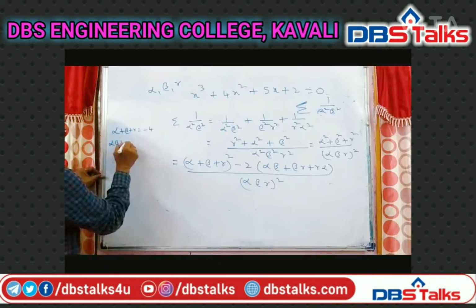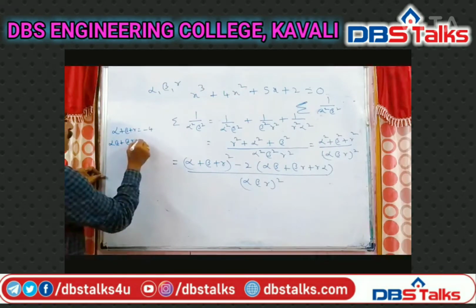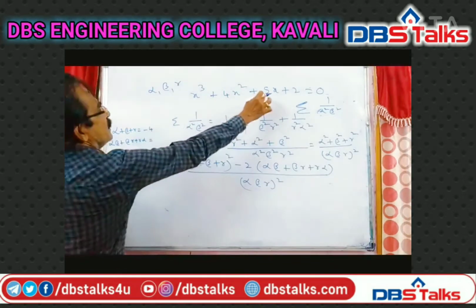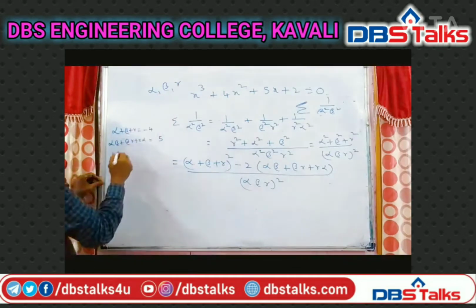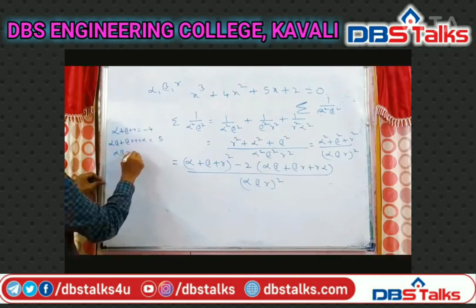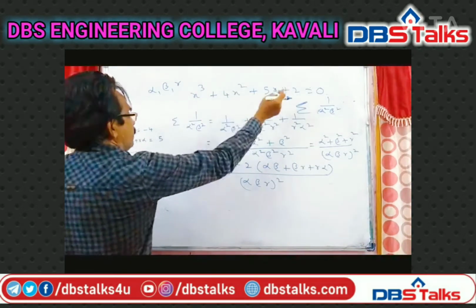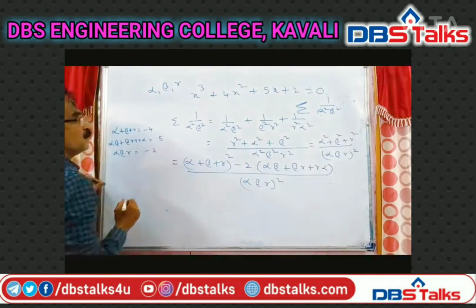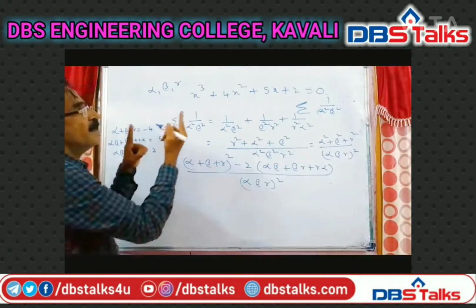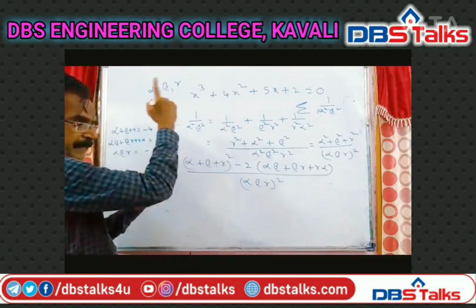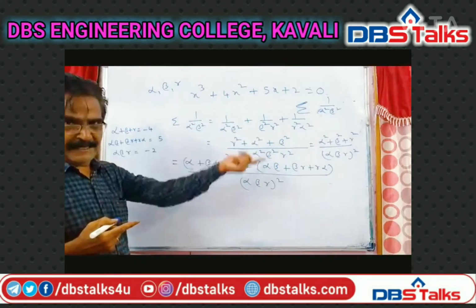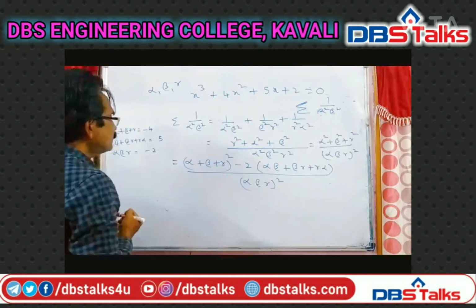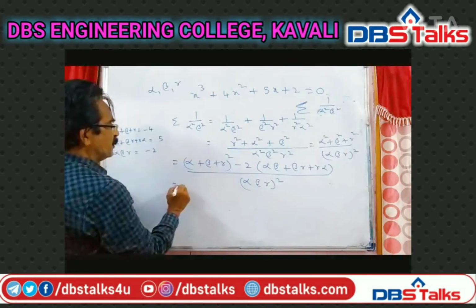Alpha beta plus beta gamma plus gamma alpha is c by a, that is 5 by 1, which is 5. And alpha beta gamma is minus d by a, which is minus 2.